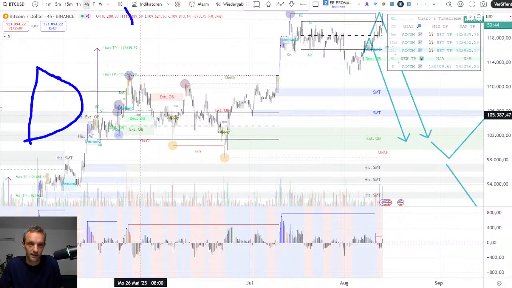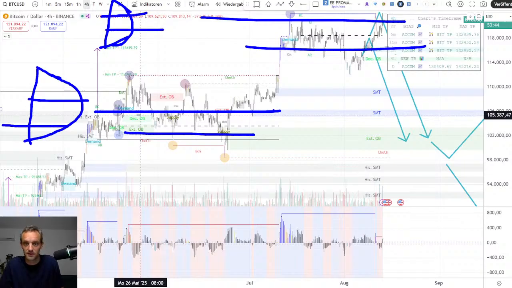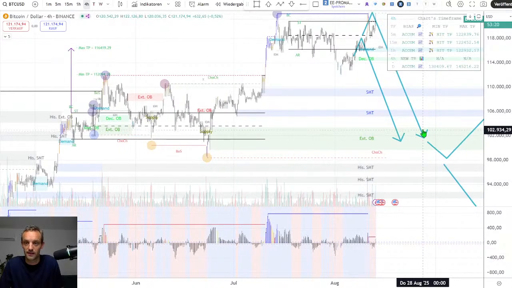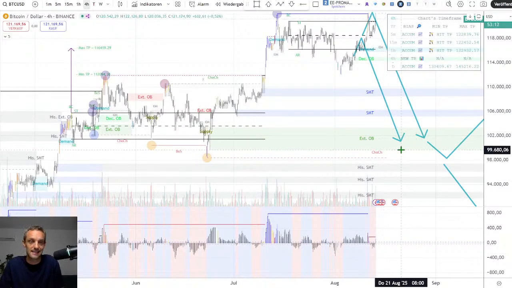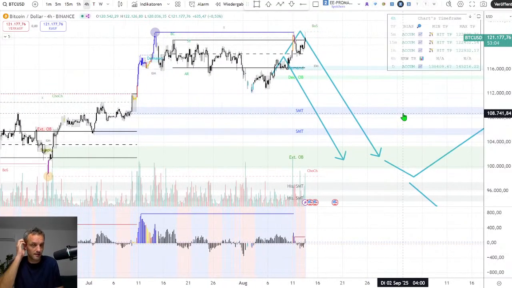We have one volume profile here, one volume profile here, and if you combine them, if you make composite volume profiles, composite value areas, we have this kind of structure, and then the market goes quickly here and will quickly go to the other side, to the lower end at this extreme order block here, 103,000, 106,000, and then the lower end 99,680. Yeah, this is a very interesting scenario if this really takes place.